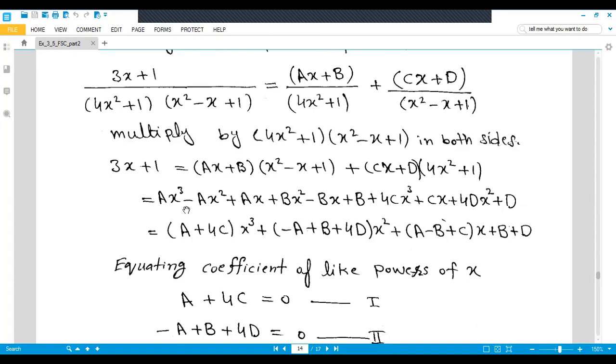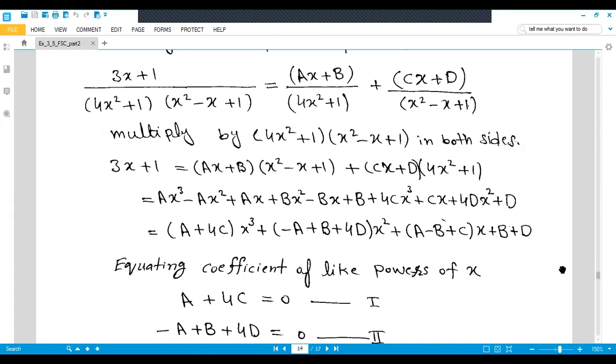Now we separate the values according to the power. Here we write the x cube value, that is a plus 4c, and then x square, that is minus a plus b plus 4d, and then x, that is a minus b plus c, and then the constant, that is b plus d.